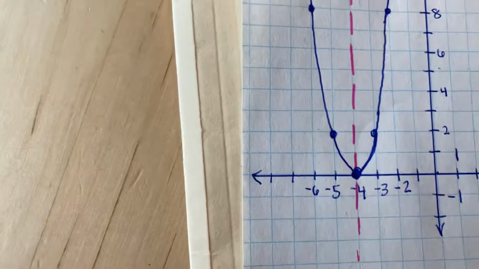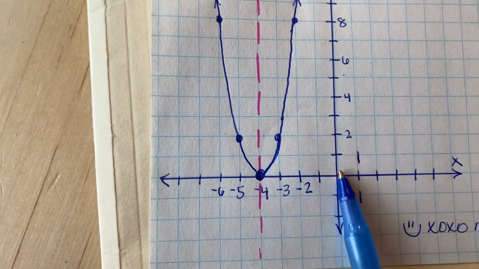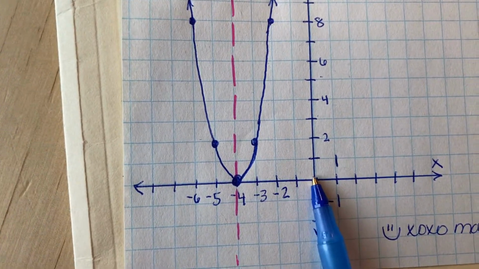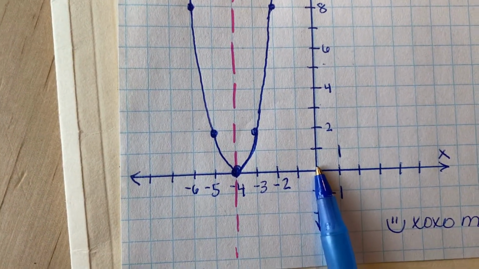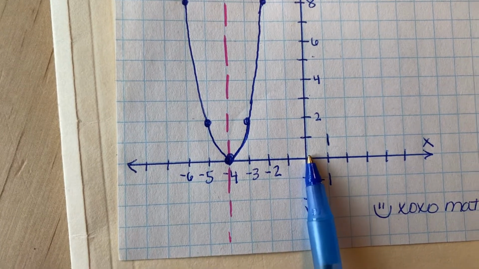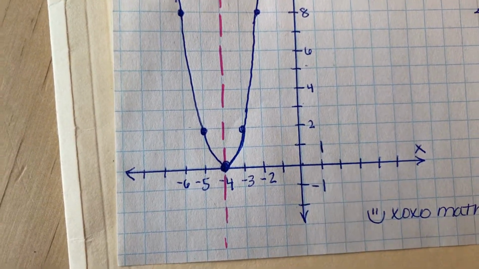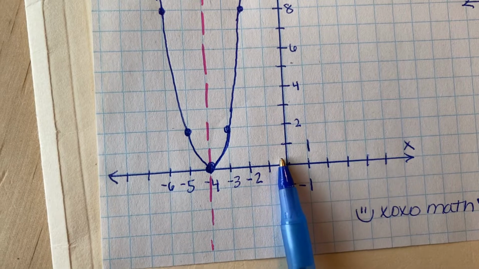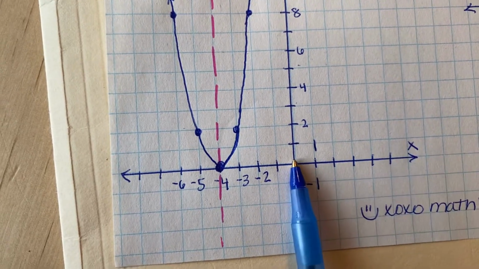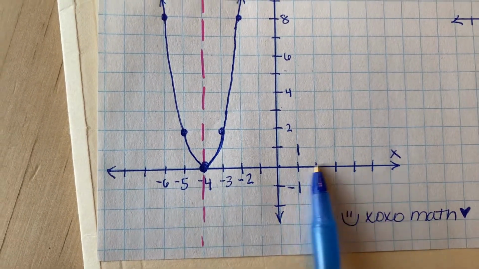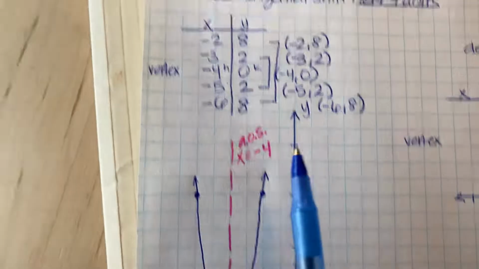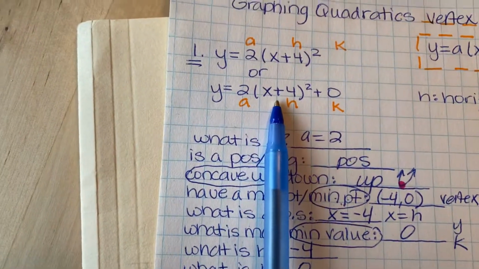In our beginning parent graphs, our vertex was at 0, 0, but now that we start altering the h value, if you see a negative, we're making a right shift. If you see a positive, we're making a left shift. And so the parabola moves right and left depending on what is inside this quantity squared.